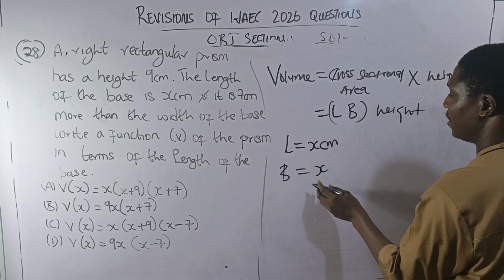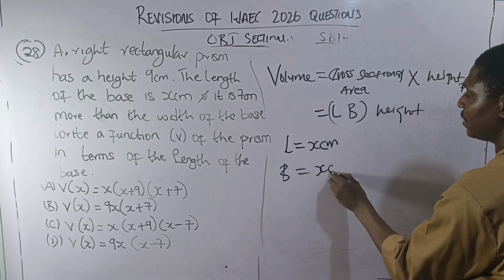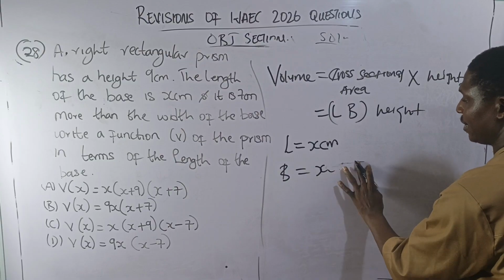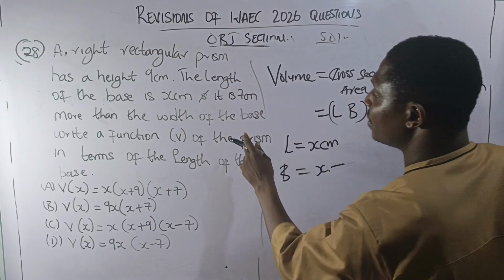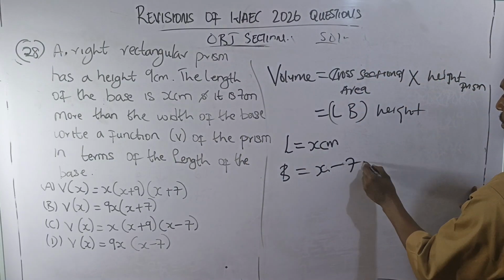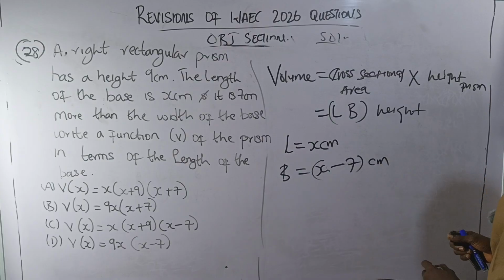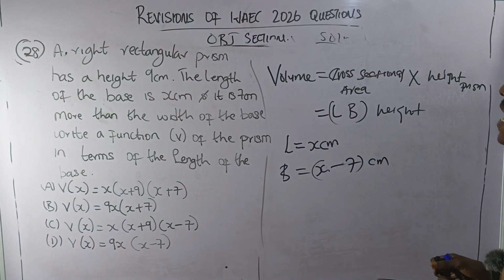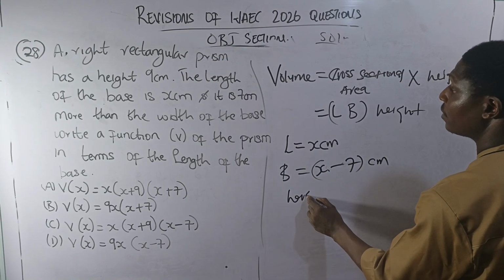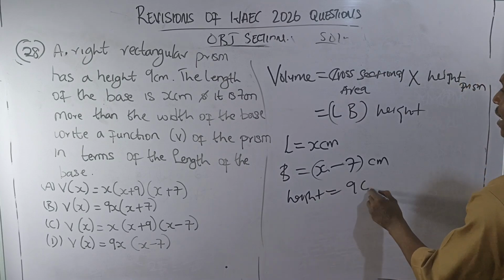x centimeter, which is x minus 7, all in centimeter. And the height of the prism is given as 9 cm.